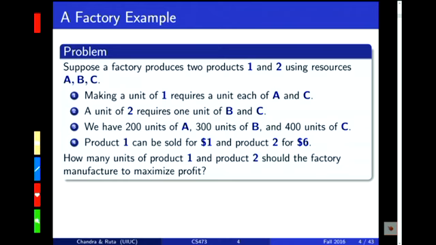Now the question I have is, I want to maximize my revenue. A unit of good 1 gives me $1, and a unit of good 2 gives me $6.